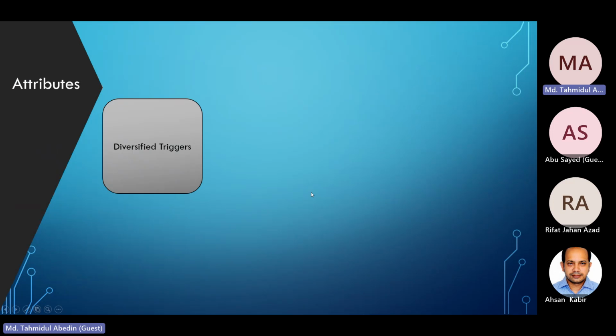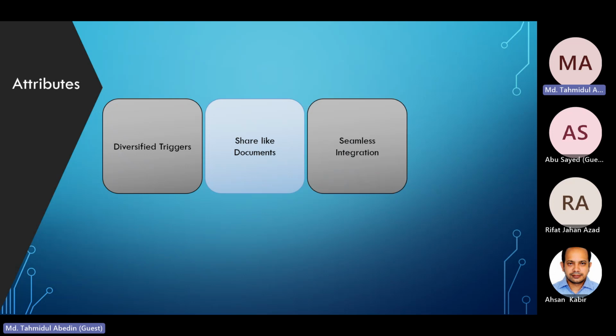Yeah, so we are discussing that there are different triggers, and it can be shared like documents with your company, with other colleagues. You can just type the name and share it just like you are sharing documents in OneDrive. And this is seamless integration with different applications. As we are showing, there are different connectors, so you can just connect with them with your authentication, as simply as that.